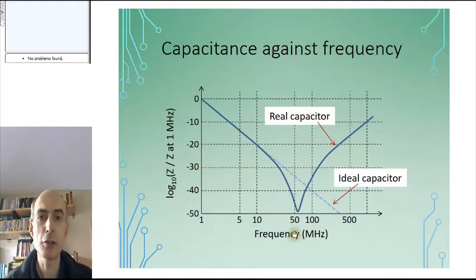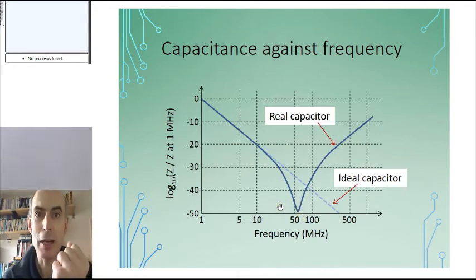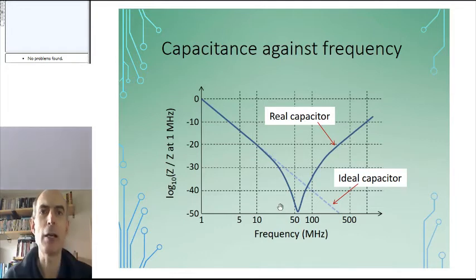If we go back and look at this graph of the real impedance against frequency of a real capacitor, you'll see that there is a minimum value there. And that minimum value occurs where the complex impedance of the capacitor, the ideal capacitor in the model, and the complex impedance of the parasitic inductor cancel out.